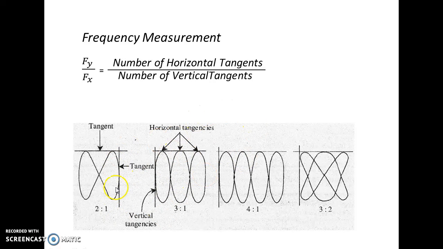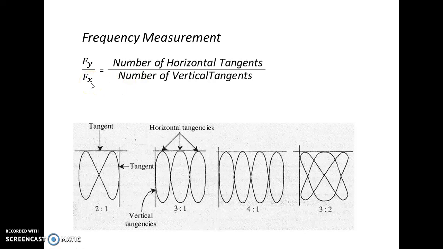Now, in this figure, let us observe, this is a Lissajous pattern. You draw a horizontal line, it touches twice, so you have two horizontal tangents, and you have a vertical tangent over here, and the figure touches the vertical tangent once. So number of horizontal tangents is 2, number of vertical tangents is 1. So Fy is equal to 2 by 1.